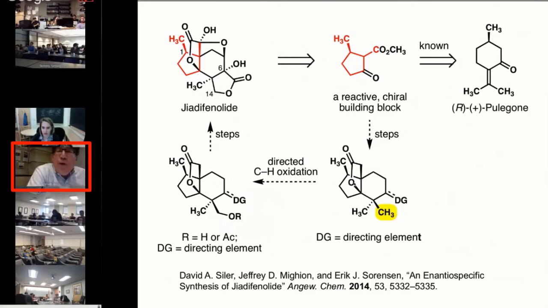So I've shown you a few reactions so far that demonstrate the power of direct oxidations of strong unactivated carbon-hydrogen bonds. But we can also take strong unactivated carbon-hydrogen bonds and convert them directly into carbon-carbon bonds. So next slide, please.